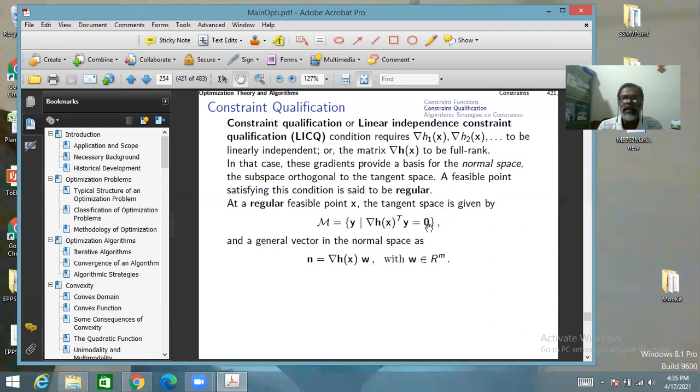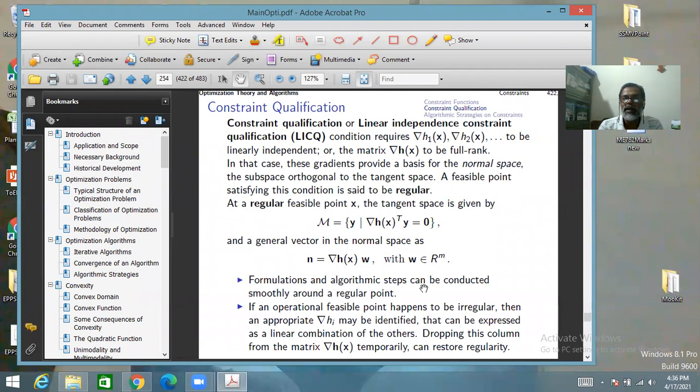Elsewhere also you could do that, but in this case, for every direction in the tangent plane, y will be unique. So a general vector in the normal space then will be a linear combination of these gradient vectors, and that can be shown as this. So this is m dimensional, and this will turn out to be n minus m dimensional. Together, the two orthogonal parts will constitute the full solution space, the space of all directions in the Rn.